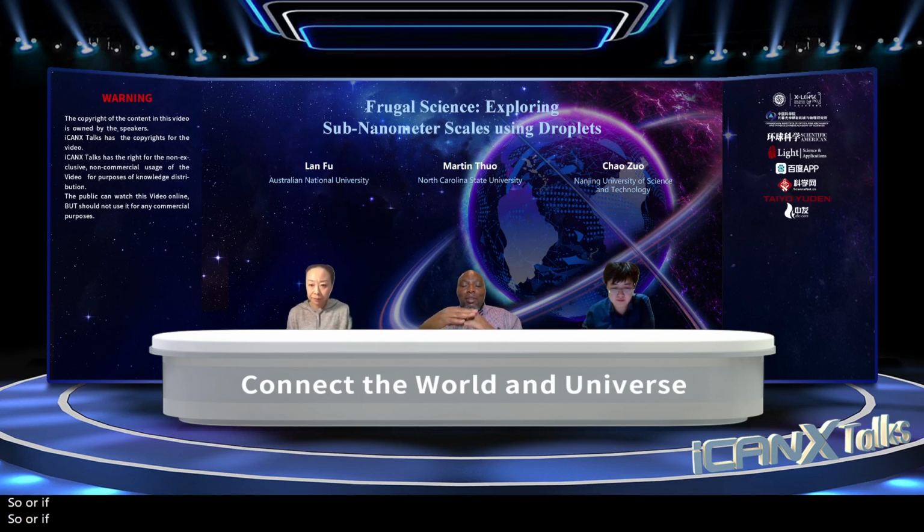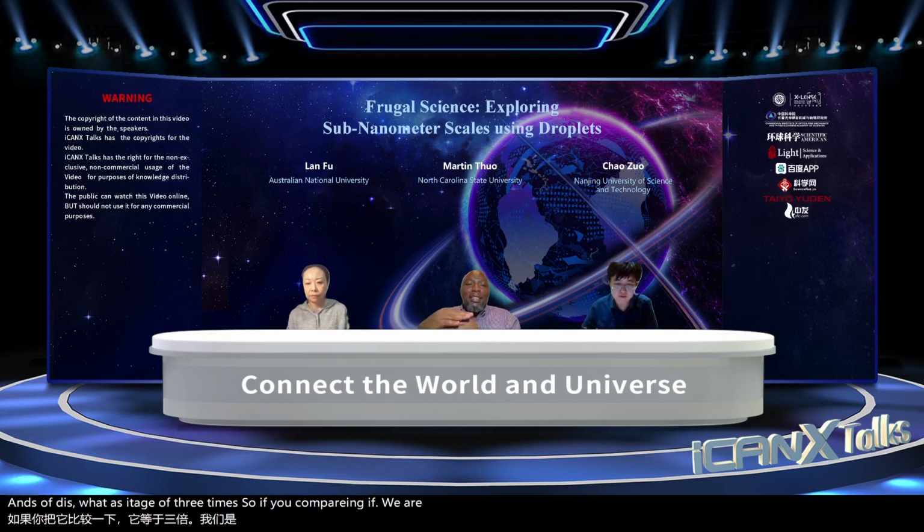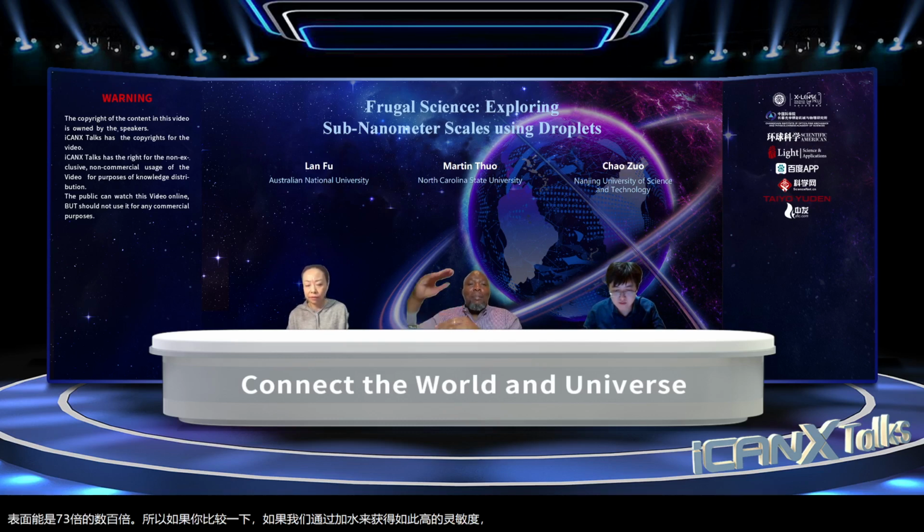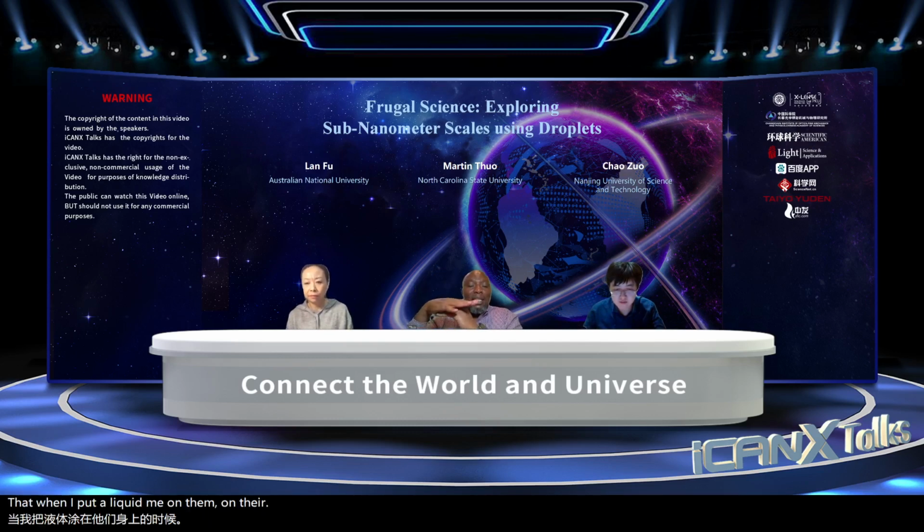So if you look at hexadecane, it is non-polar. Then we go to water, which is polar. Metal's surface energy is out of the roof. It's in the hundreds of dynes. Water has a surface energy of 73 dynes. So if we are getting such sensitivity by putting water, then when I put a liquid metal on these molecules, I should get an even more drastic response.